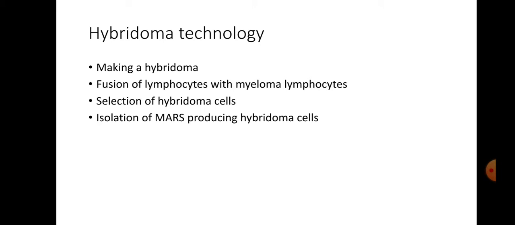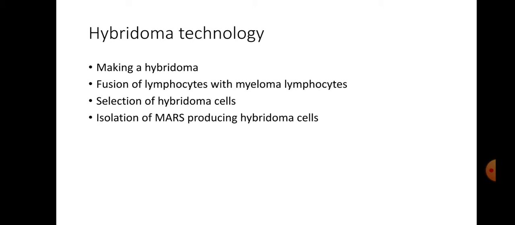Now let's begin with the stepwise making of a hybridoma. How do we make a hybridoma? The following main steps are involved in making a hybridoma and enabling it to successfully grow in culture media to produce monoclonal antibodies. In order to produce these hybridomas, the first thing to be done is immunization.